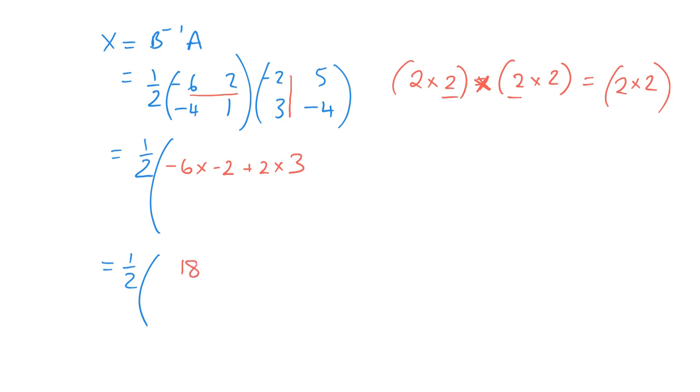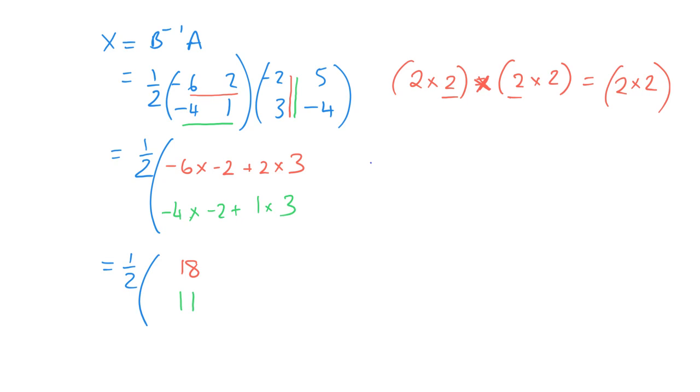We'll do the one below then here. So that's going to be in the second row and the first column. So multiply the second row by the first column. So that's minus 4 by minus 2 plus 1 by 3. And that gives us 11.